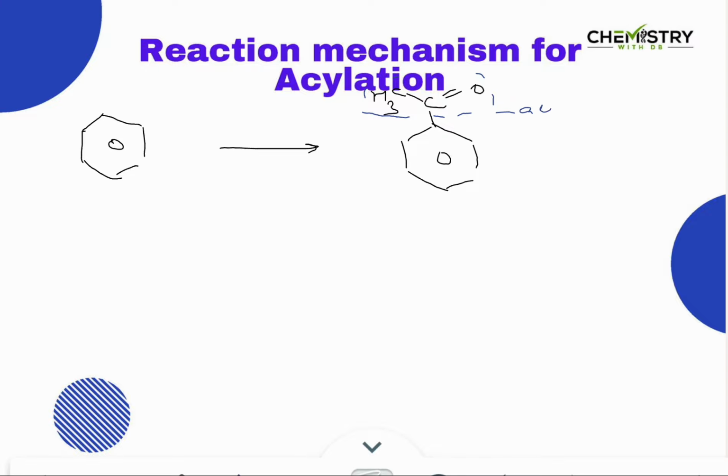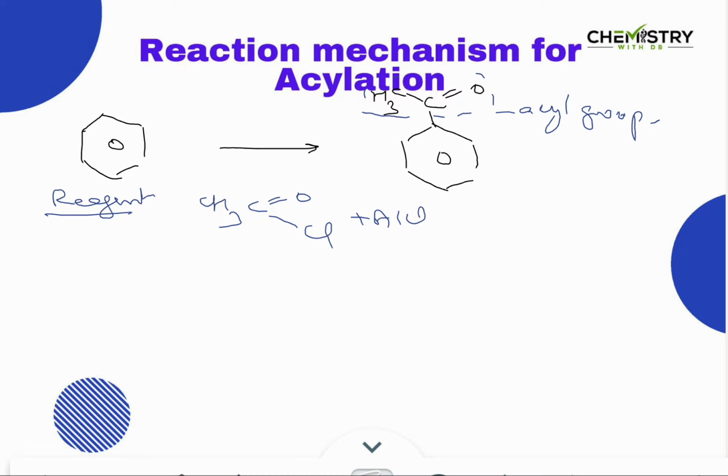Because we want CH3C=O to join the benzene ring, the reagent that we will use is CH3C=O with a Cl over there. Just use that acyl chloride along with the AlCl₃.